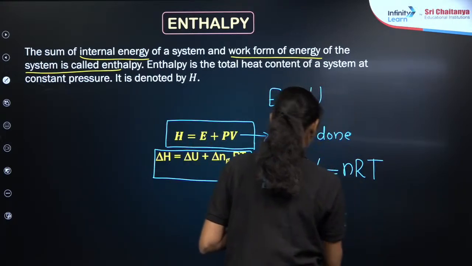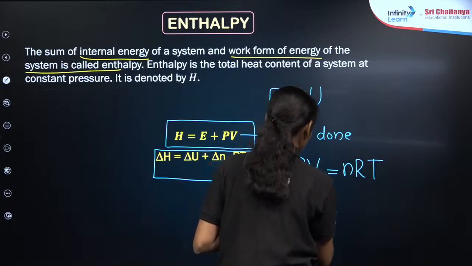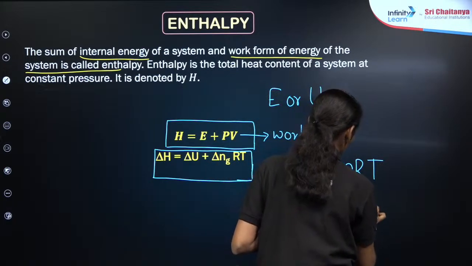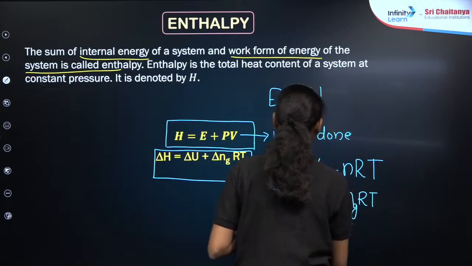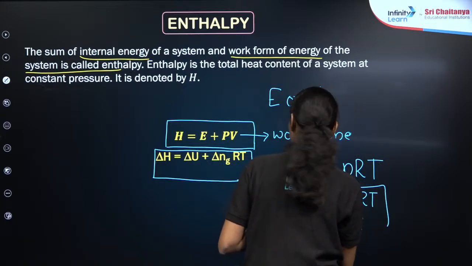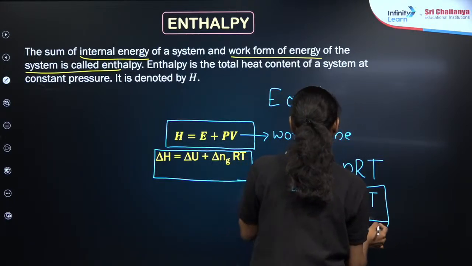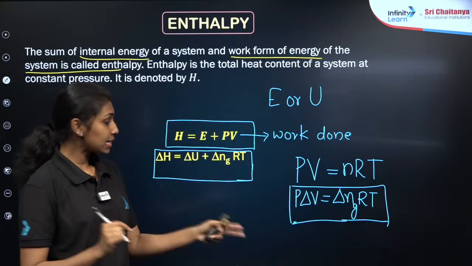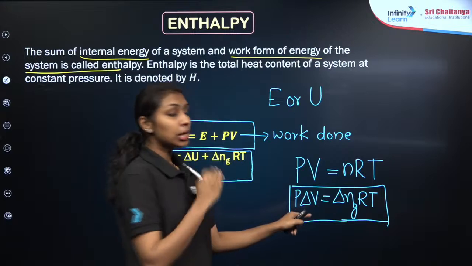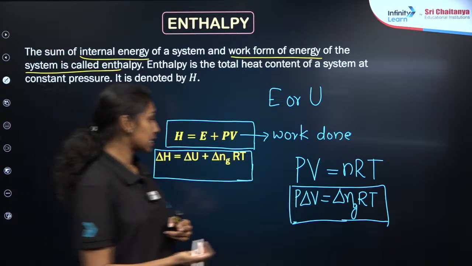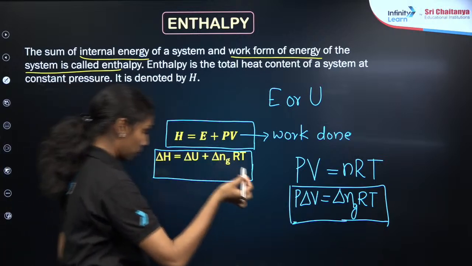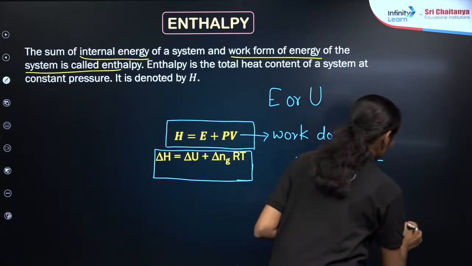Whenever there is a change in volume, P delta V is equal to delta Ng into RT, where delta Ng is the change in number of moles of gaseous products and gaseous reactants, right? All the products and reactants should be in gaseous form.